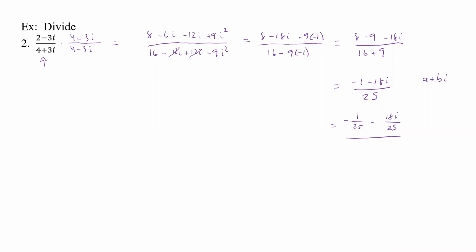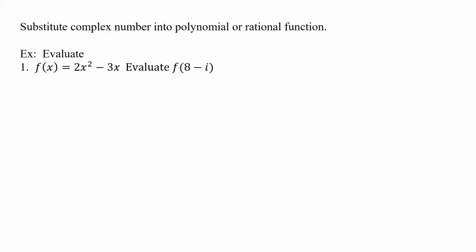All right, so the next thing we have is basically evaluating complex numbers. And so we have a function, and then they want us to evaluate a function at some complex number. Sometimes it's just an imaginary number, sometimes it's a complex number. And so what we do is we're just going to plug in whatever our complex number is, or imaginary number, if it's just 0 minus or plus i, and we plug that in place of our x's.